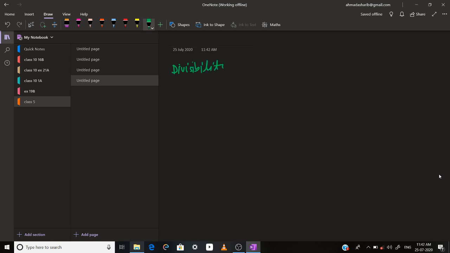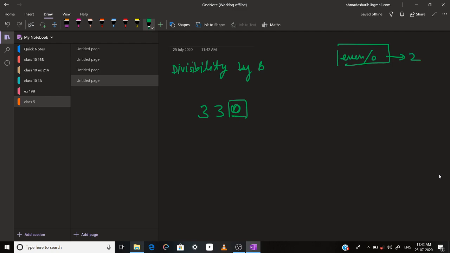Now divisibility by 6. If a number is divisible by 2 and it is also divisible by 3, then it is divisible by 6. For example, 330. 330 is divisible by 2 because its unit place number is 0. And I have told you, if a number has any even number or 0 in its unit place, it is divisible by 2.